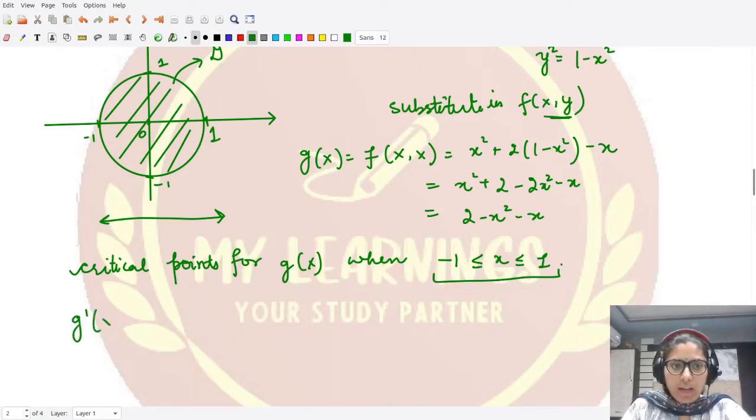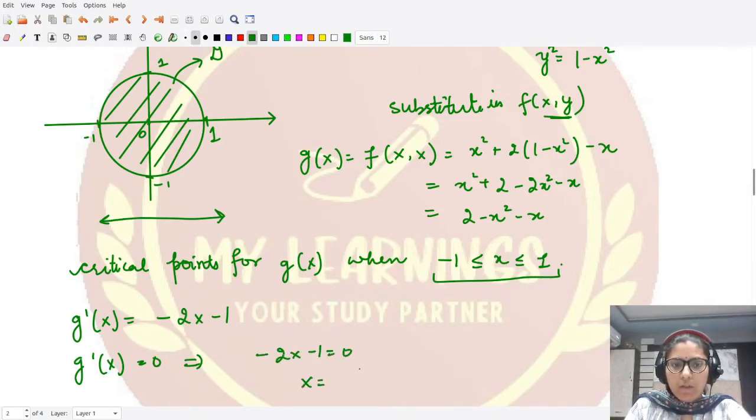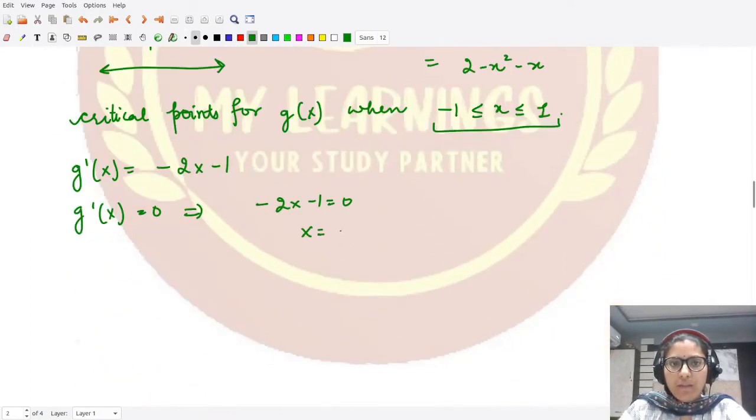For that, we differentiate this function with respect to x, an ordinary, complete differentiation. So this is minus 2x minus 1. We set this equal to 0, so minus 2x minus 1 is equal to 0. From here you have the value of x as equal to minus 1 by 2, right?